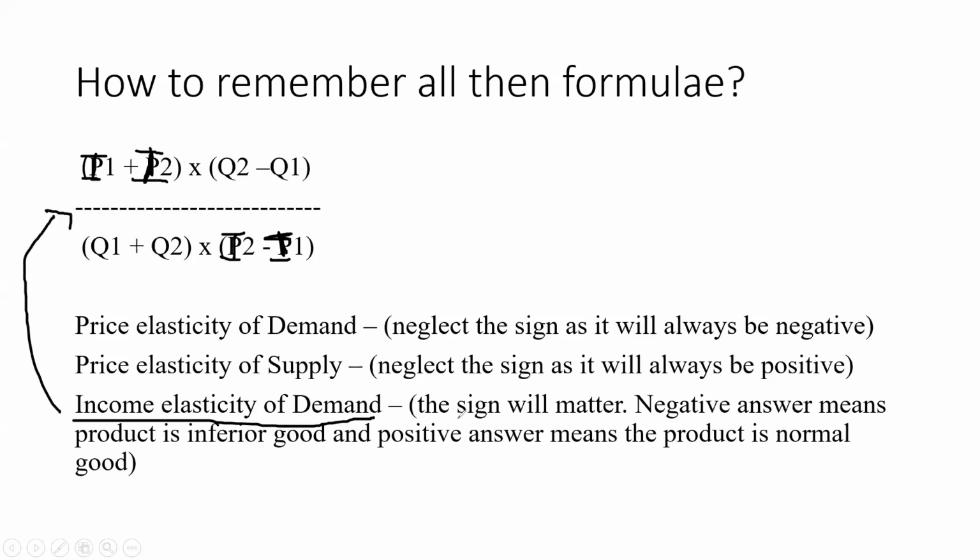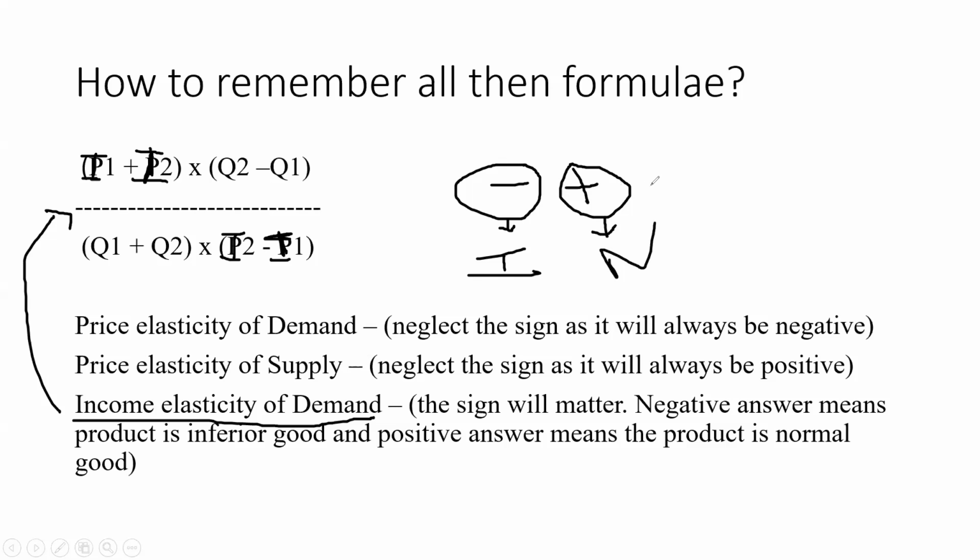In this, you've got to retain the sign, whether it's plus or minus, because if your answer is negative for income elasticity of demand, the product is an inferior product. And if your answer is a positive number, your product is a normal good.